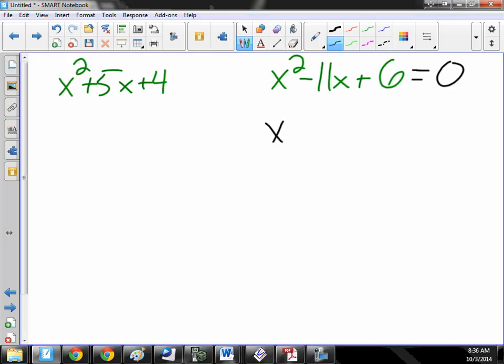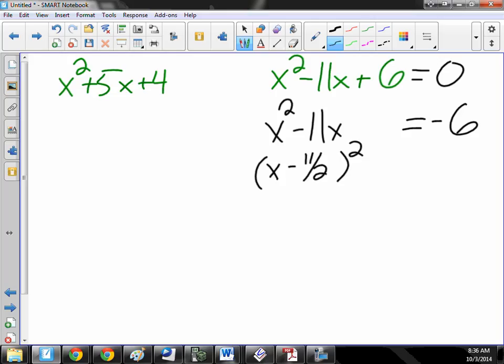So x squared minus 11x equals negative 6. What is my factor? X minus 11 halves squared. So what's my perfect square? Plus 121 over 4.